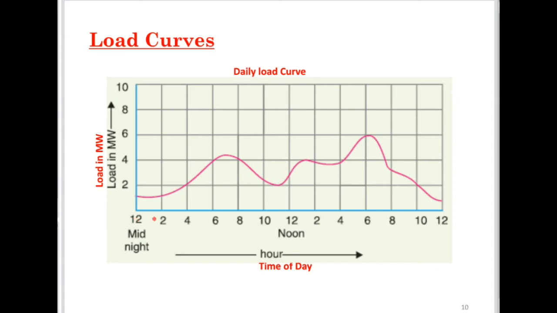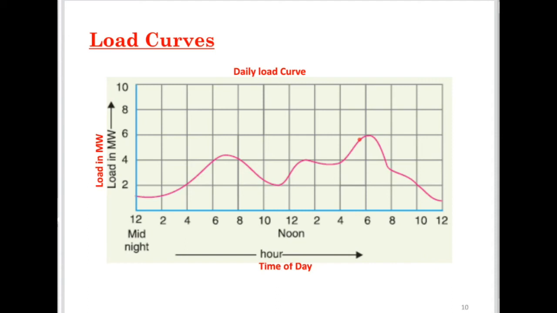We can plot a weekly load curve, a monthly load curve, an annual load curve. The features are the same. And from these load curves, we not only talk about how we can meet the demands. For example, if you are running a coal-fired power station or a diesel engine power station, you need to know that if I have to meet this 6 megawatt demand in the evening, I need to make sure that enough diesel is there.